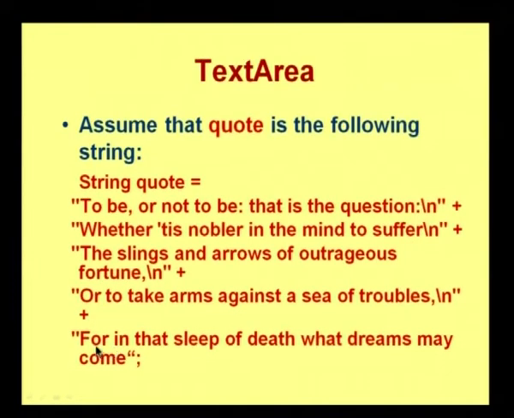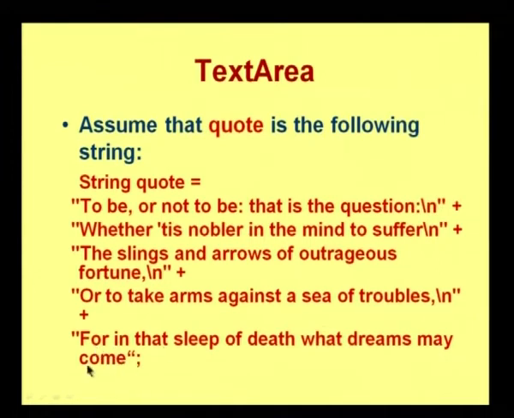So, there is also a constructor in which I specify a particular value, which is going to have a string of multiple lines. In your previous case, whenever I only give the text, the number of rows and columns depends on the maximum number of letters or characters you have on a particular line. For example, you can see here, this is the line which has the maximum number of characters.